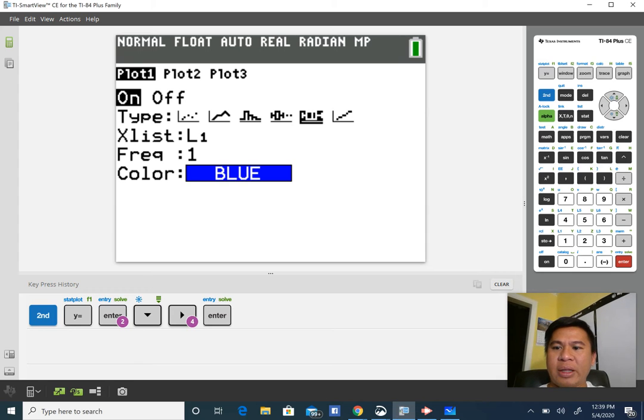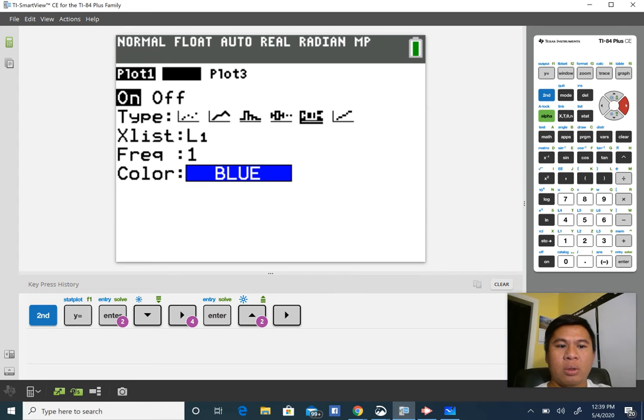After that, I'm going to create another plot. I'll go above plot 1, so I'll go now to plot 2. Sorry, to go to the second plot, I'm going to create another stat plot.